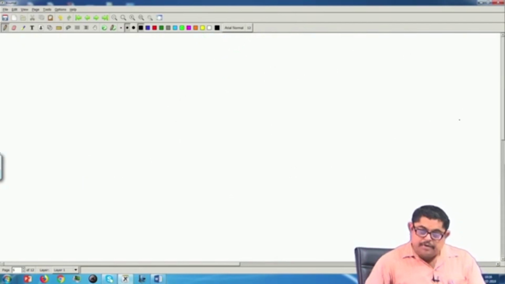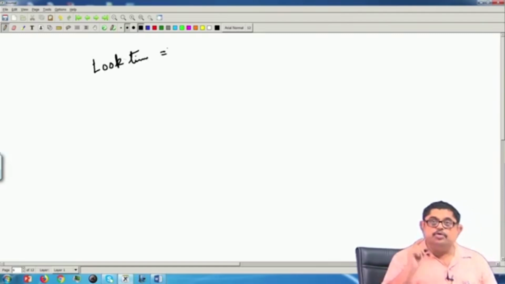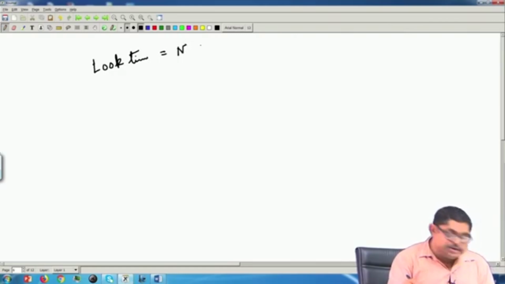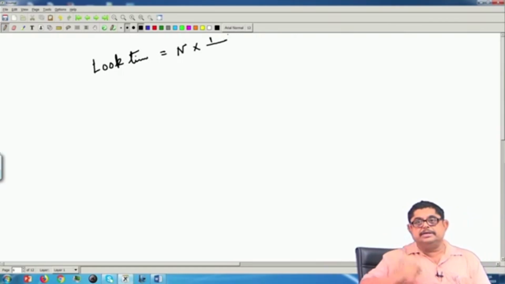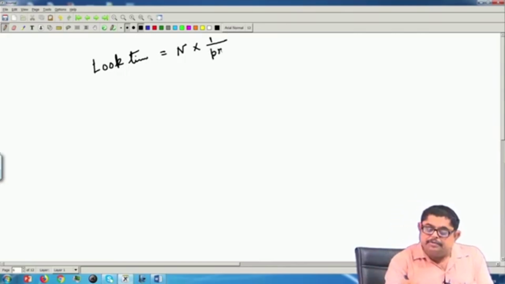Okay. And then the question is, what is look time? So, look time, I can say that for n number of pulses into how long one pulse looks at a target, I can say 1 by PRF.